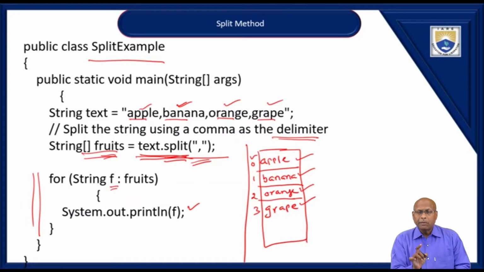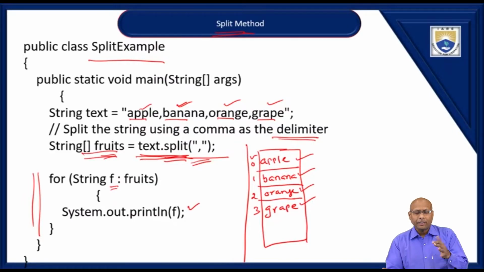Please remember, once you split, it will give a string array. Of course, I will show you how to write this program using Notepad and what different outputs you get. First we see what methods are there and how you write them. This is the first example, using the split method.